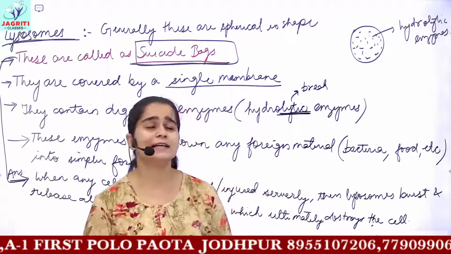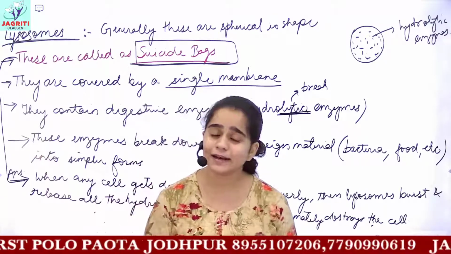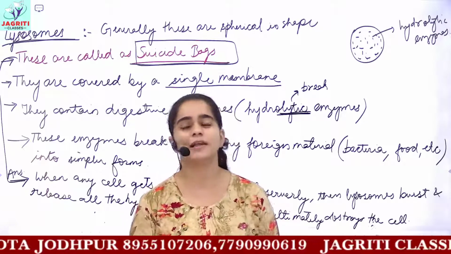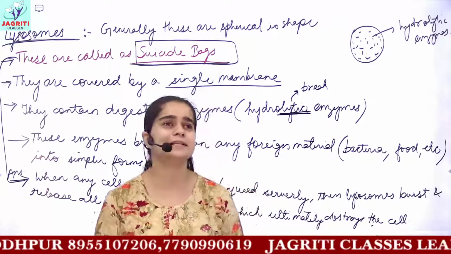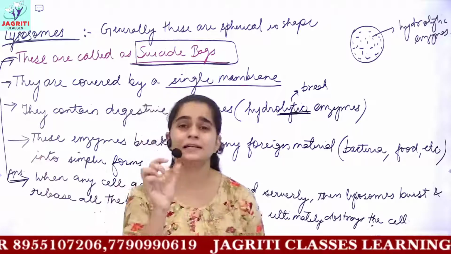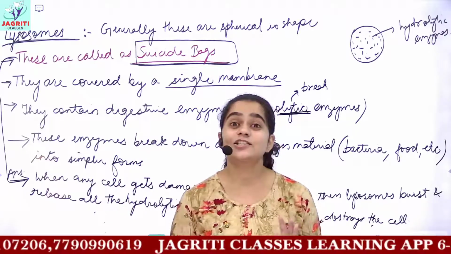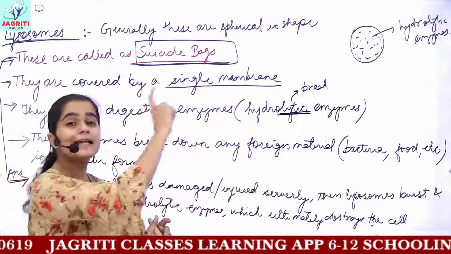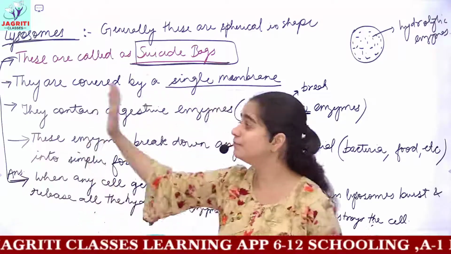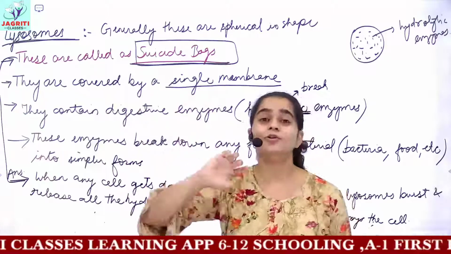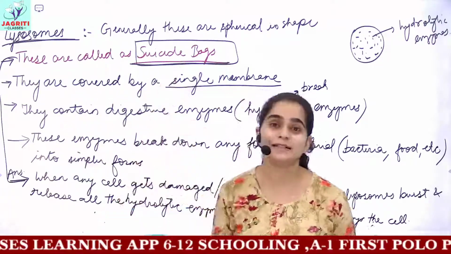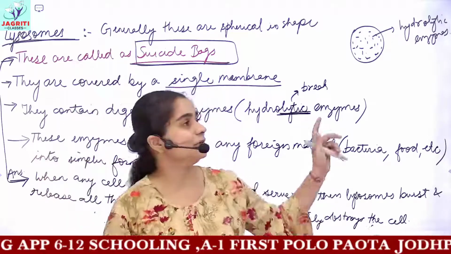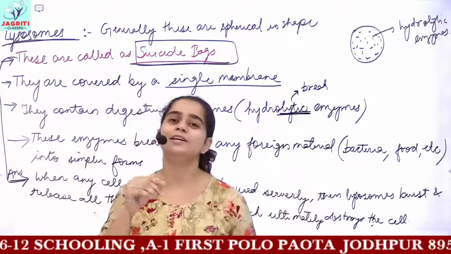Then, these are only the cell organelles. Then I'll give you a brief idea about some other things, that is vacuoles. We'll discuss the function of vacuoles in 2 to 3 lines. Then in the ending, I'll give you a brief comparative account of the differences between plant cell and animal cell. One difference you already know: plant cell contains a cell wall, animal cells do not, and the remaining differentiating points we'll discuss.